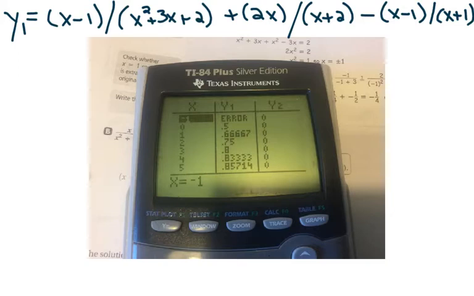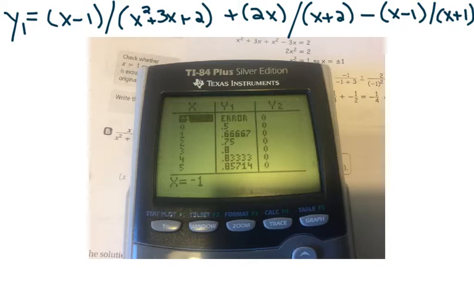Notice all the things in parentheses. Anytime you have an expression, a number plus a variable, minus a number times a variable, you need to put in parentheses.